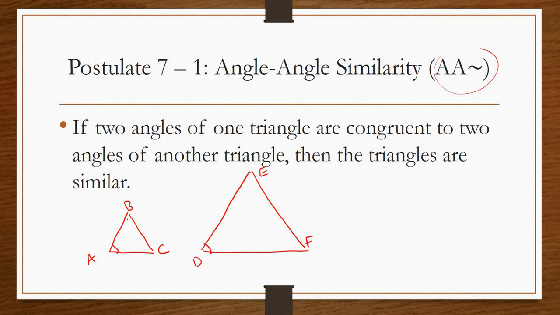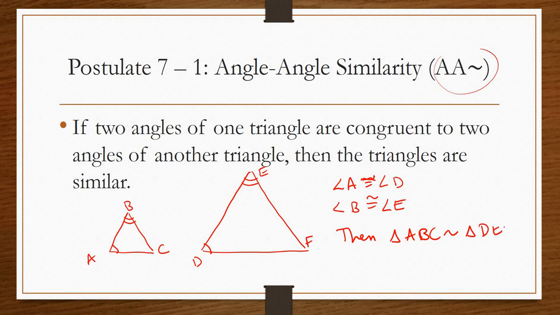If I have two angles, one in each triangle, that are congruent, in other words, if angle A is congruent to angle D and angle B is congruent to angle E, then we can say that triangle ABC is similar to triangle DEF. So two angles, angle-angle, are enough to prove similarity. We'll do a problem with this in a minute.